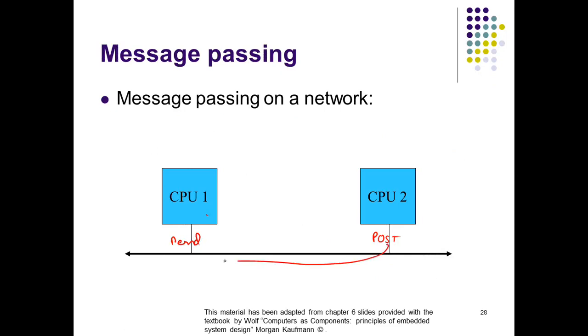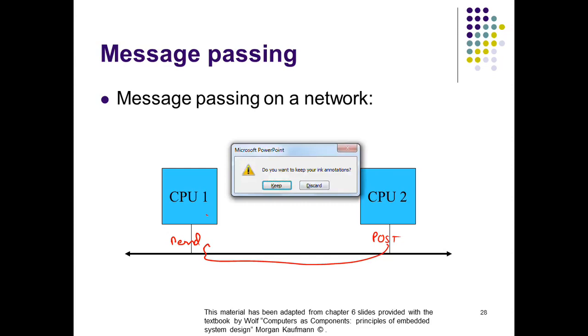So we send a message, the post allows me to start running. Similarly, you could write to a place in memory, hit the post operation, and say the data is now ready. That's a very high-level view. It's probably easier by examples.